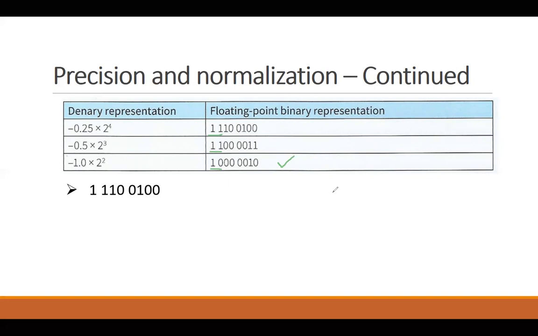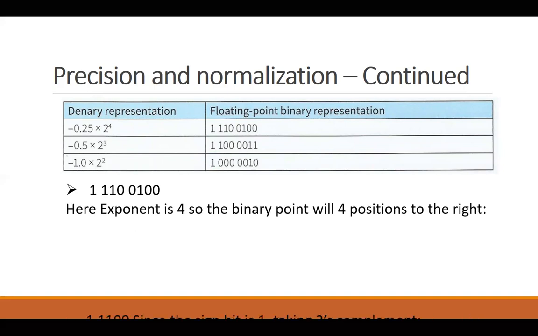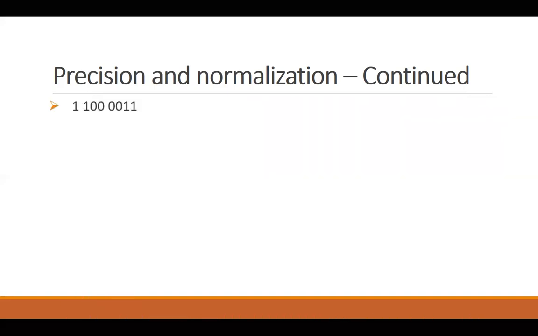And the principle, the formula to make the normalized representation is that we place the binary point in the value where the first pair of alternating bits is located. Let's try and understand this with examples.